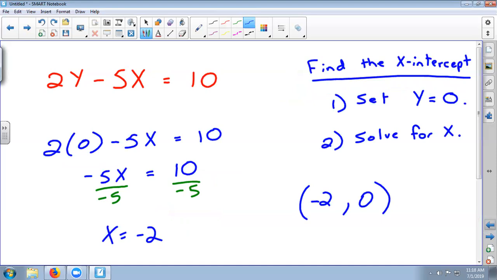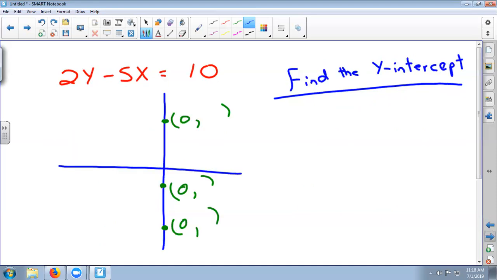That is a solution, but that doesn't help me find the y-intercept. To find the y-intercept, first, what does x equal?